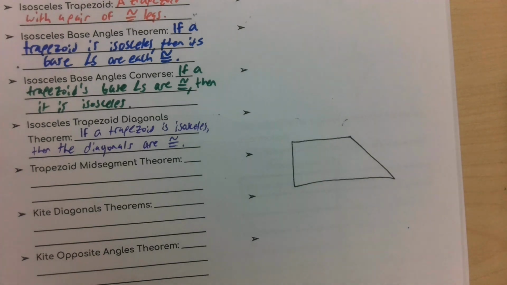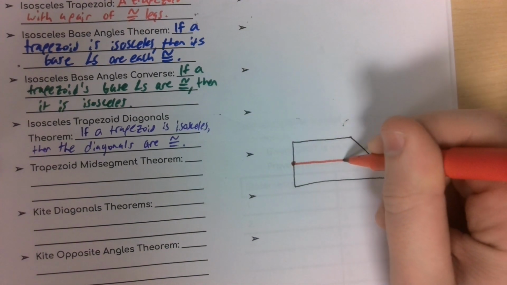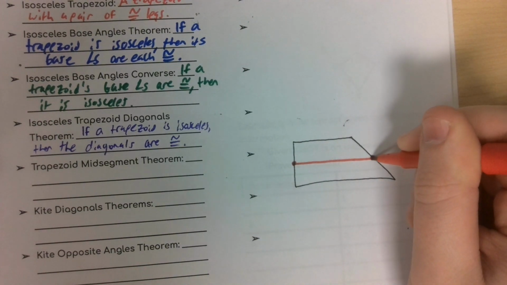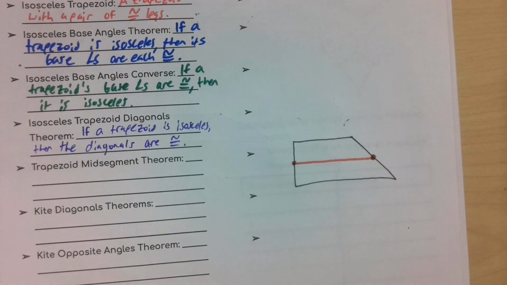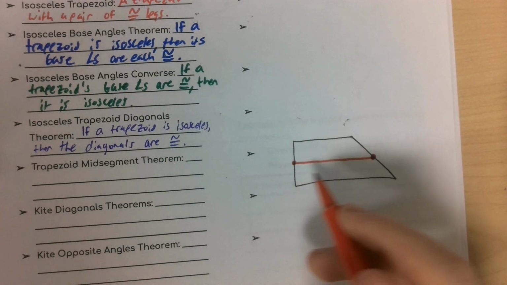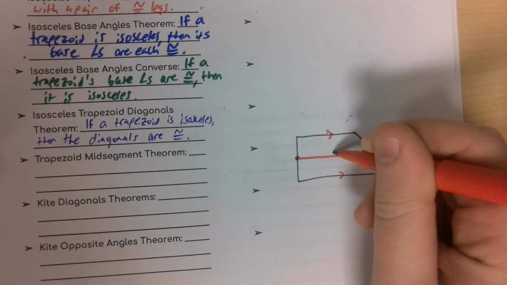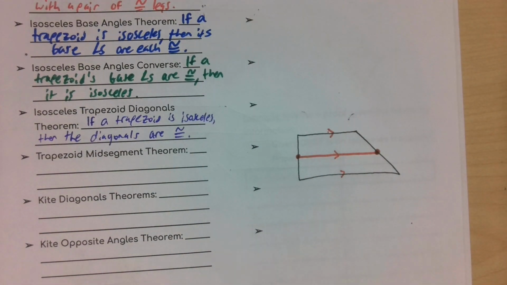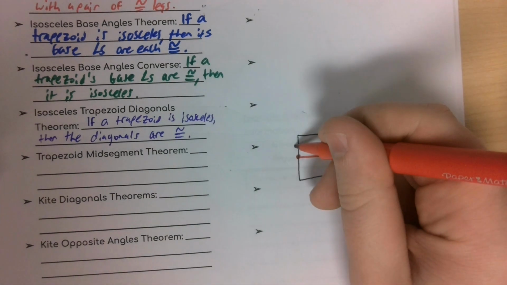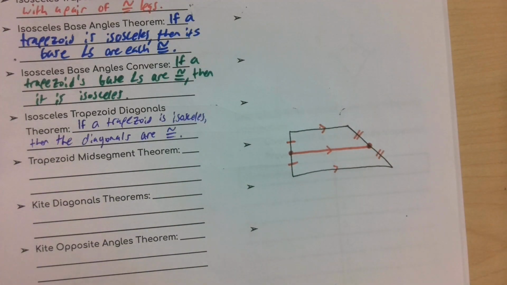As a reminder, a mid-segment is the line segment that connects the two opposite legs of a shape. In this case, the mid-segment is going to cut through the two non-parallel sides, but it will also be parallel to the parallel sides. Because it cuts it in half, we know that these two will be the same, and these two will be the same.